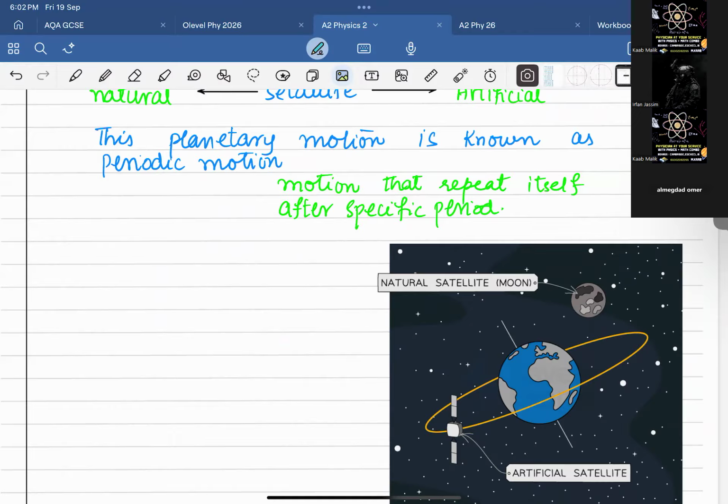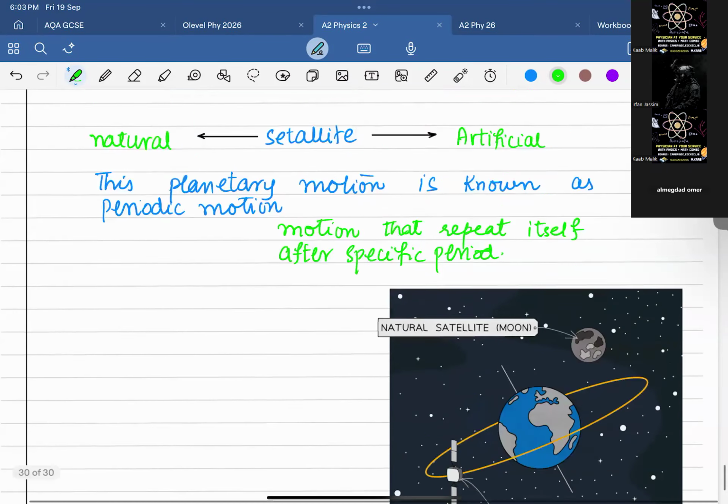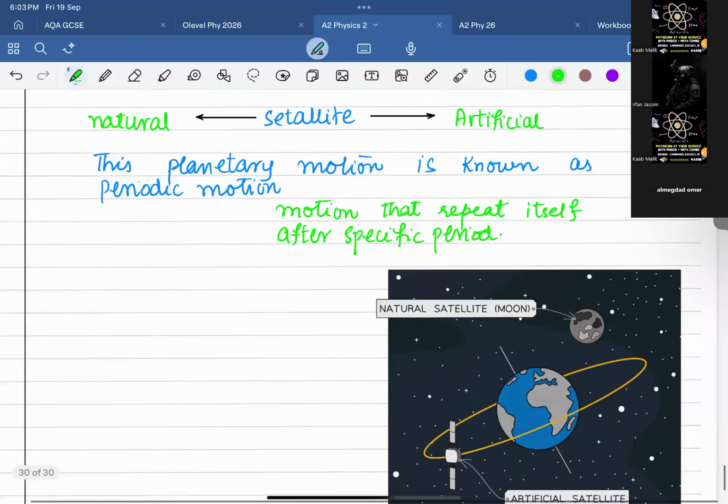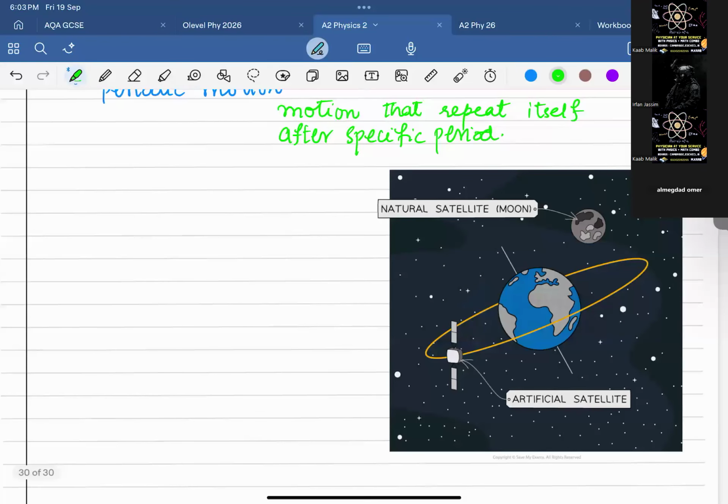And if we try to find out their motion and their time periods, for that we have to use Kepler's third law.